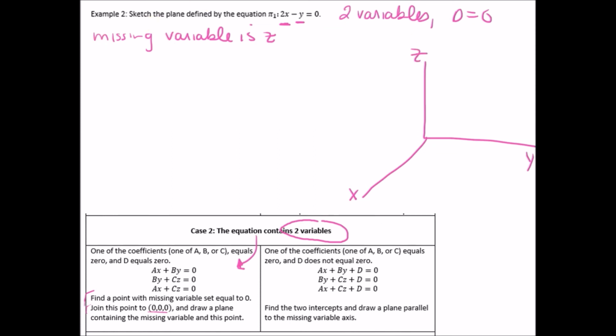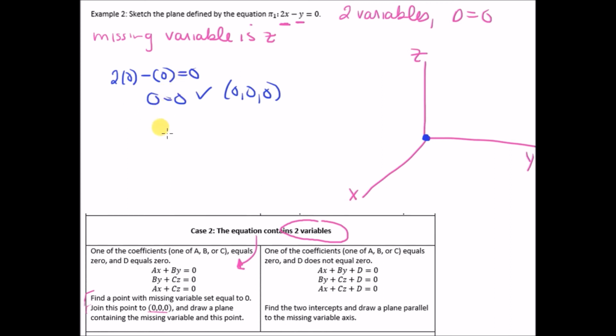I just want to point out that because d equals 0, if we sub in 0 for x and 0 for y, then 0 equals 0, that works. So we know that our plane goes through the origin. Whenever d equals 0, the plane goes through the origin.